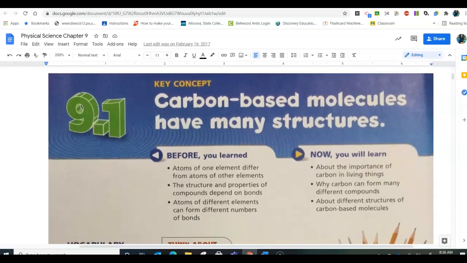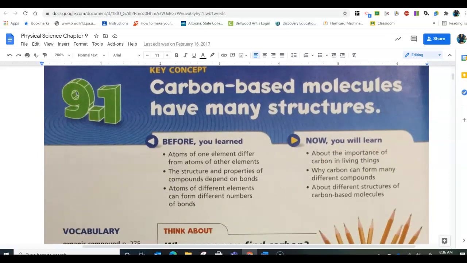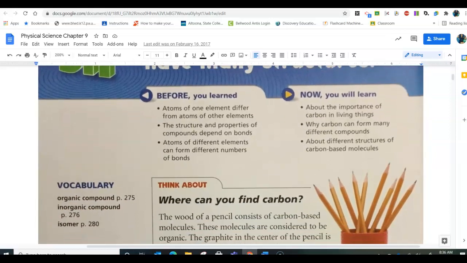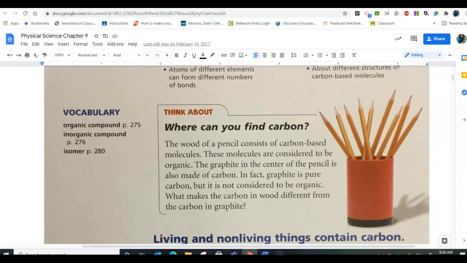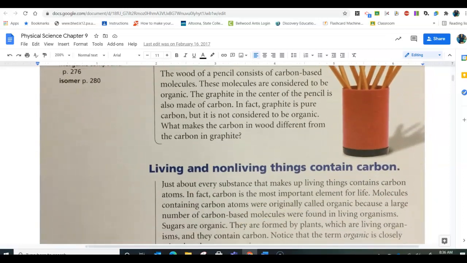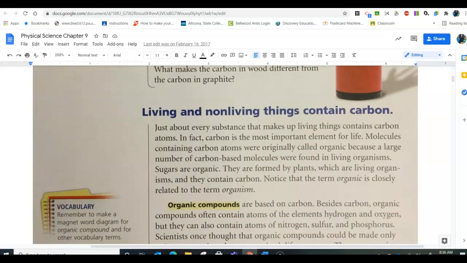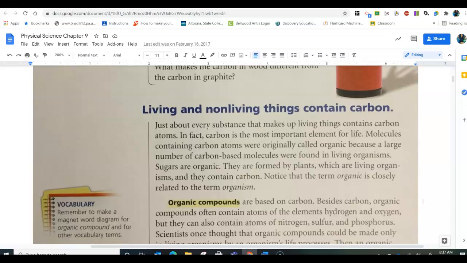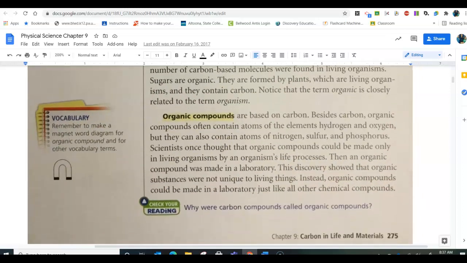Chapter 9 is all about organic compounds, and organic compounds all stem from carbon. Now, if you'll remember, carbon is a nonmetal, and carbon has 4 valence electrons. Organic compounds are completely based on carbon, and carbon has 4 bonding sites. Now, it's not only carbon. There's carbon, hydrogen, nitrogen, oxygen, all of these things that mix together.